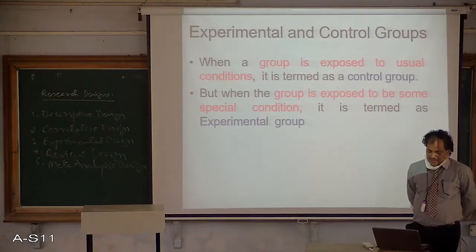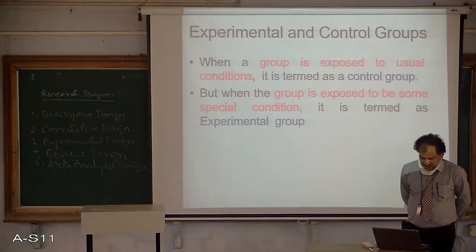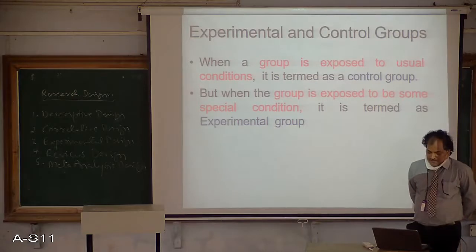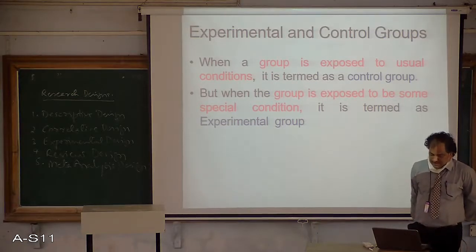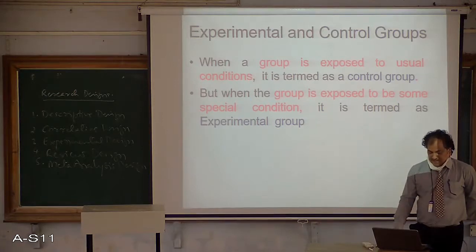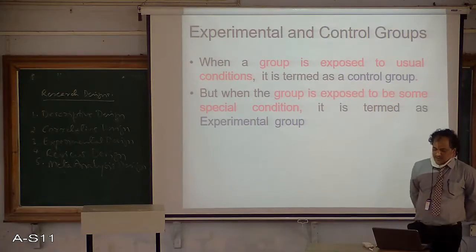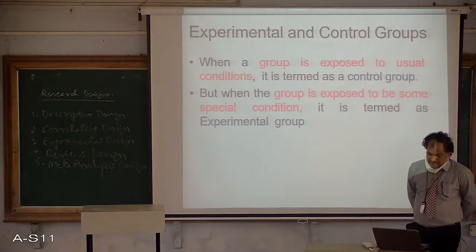But if it is exposed to usual conditions, it is called the control group. If the group is exposed to some special condition, then it is called the experimental group. Generally we represent these experimental groups and control groups using some mathematical notations in the hypothesis study.